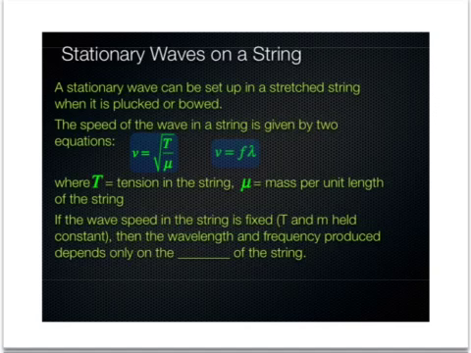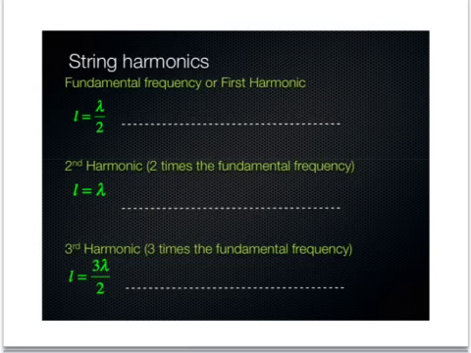But if the wave speed in a string is fixed, and that means the tension and the mass per unit length are held constant, then the wavelength and frequency produced of these standing waves depends only on the length of the string. And we're going to focus our attention mainly on this relationship. So we get particular harmonics depending on the length that are possible.